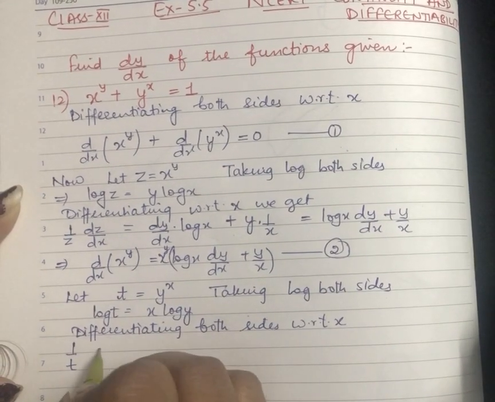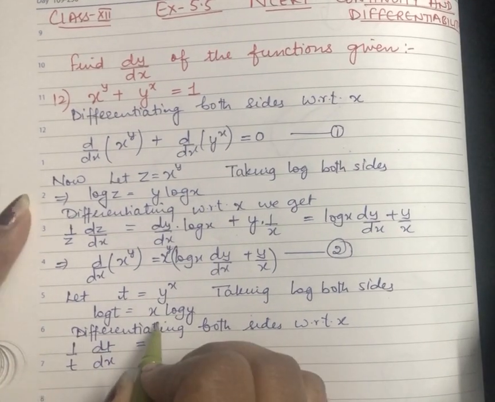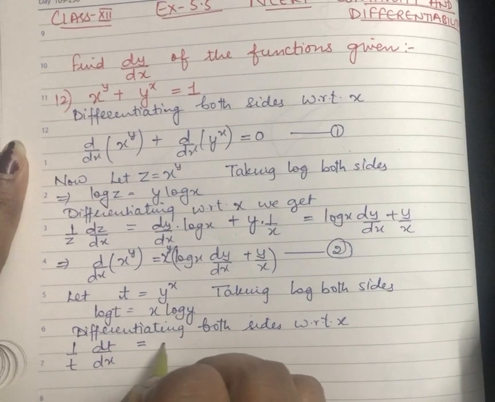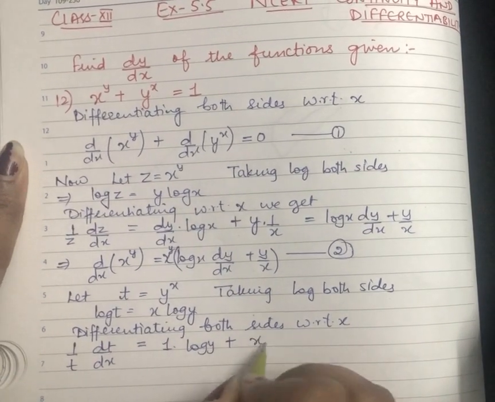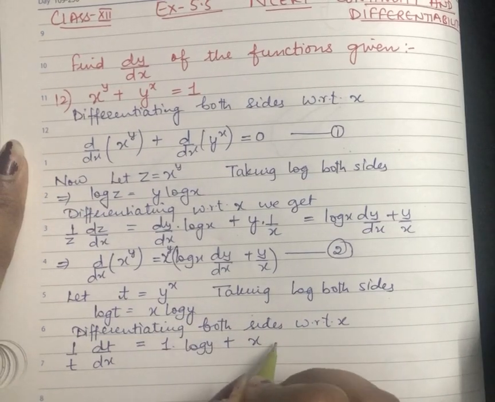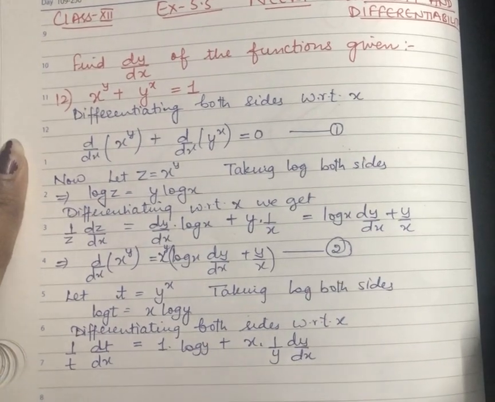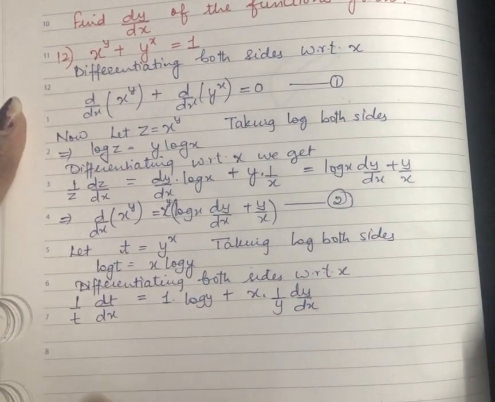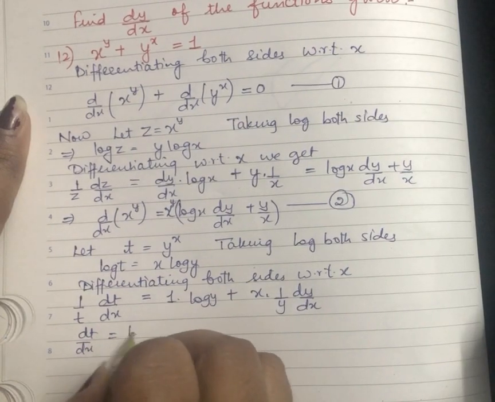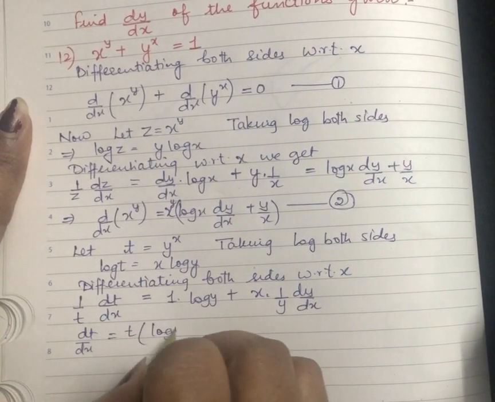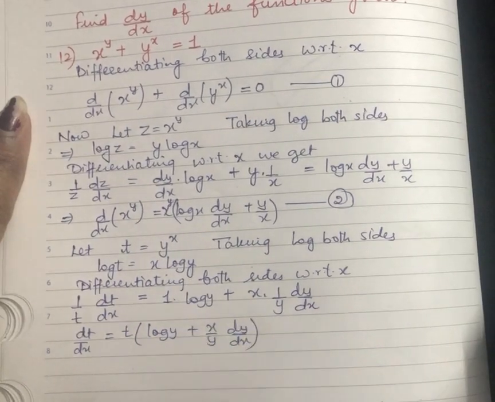Now here 1 by t dt by dx will be, again applying product rule, differentiation of x is 1 into log y plus x as it is, differentiation of log y will be 1 by y dy by dx. So dt by dx will be t bracket log y plus x by y dy by dx.